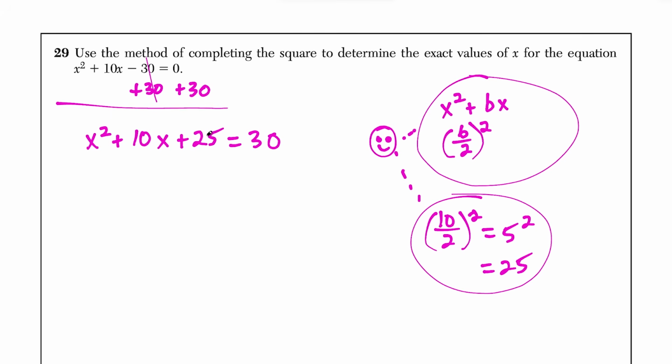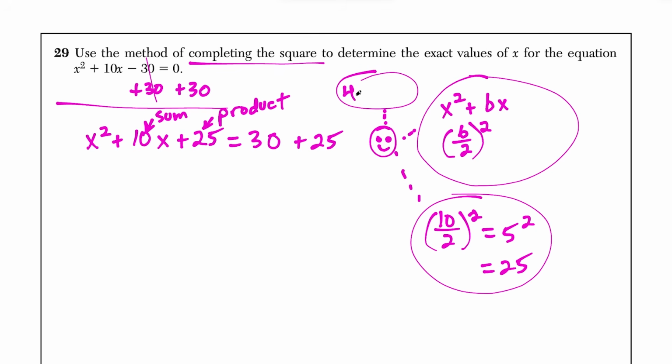So I'm going to do plus 25 on the left side, and plus 25 on the right side. Now, the reason we call this completing the square is that, if we did this correctly, it turns the left side into a perfect square trinomial. And what that means is that when we factor this, our factors should be identical. Because a nice perfect square, like 49, is equal to 7 times 7.